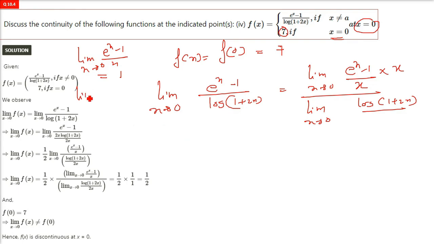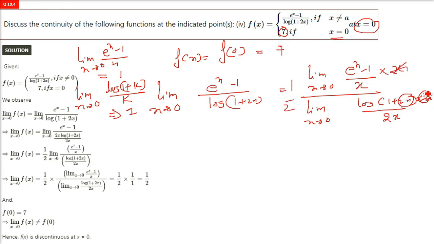The next one is, if x tends to 0, log 1 plus k divided by k is going to be 1. So for 1 plus 2x, just divide by 2x and multiply by 2x. We are doing it for the denominator. The numerator and denominator x you can cancel, and there is 2 remaining, so we can bring it in front.